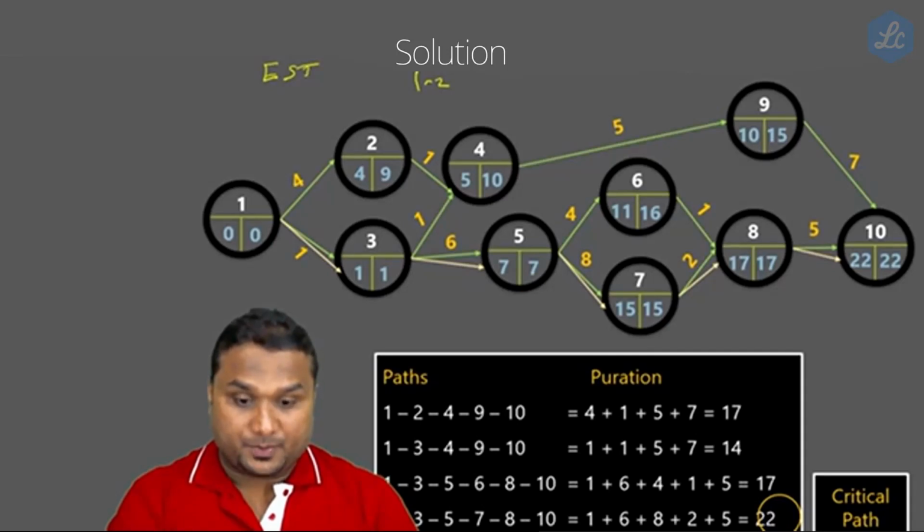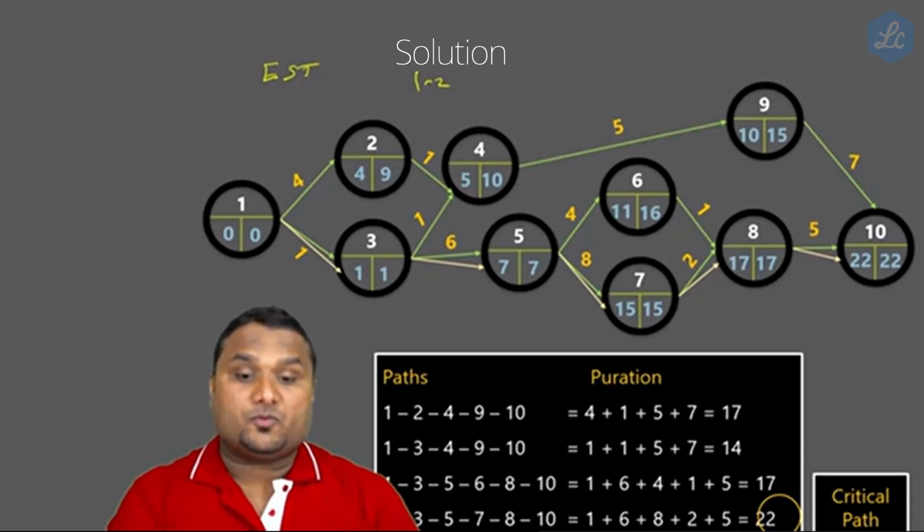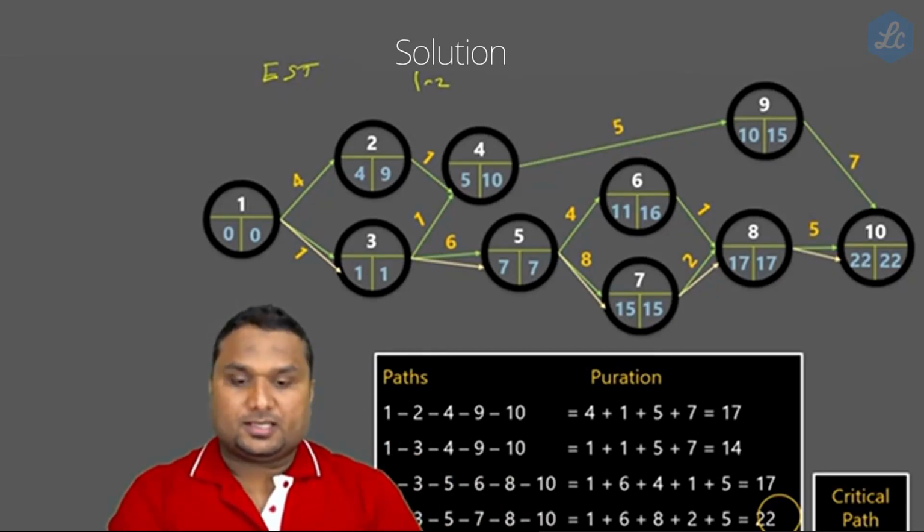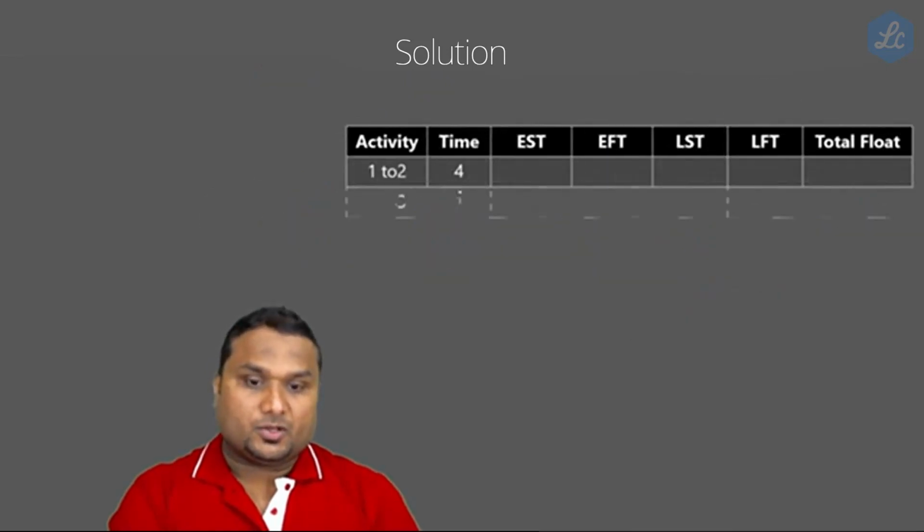So the earliest starting time of activity 1 to 2 takes the starting point, which is 1. The left side of 1 is 0. So you can start this at 0.